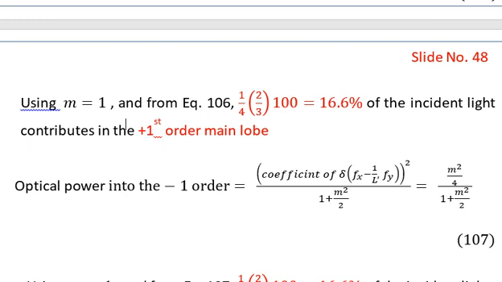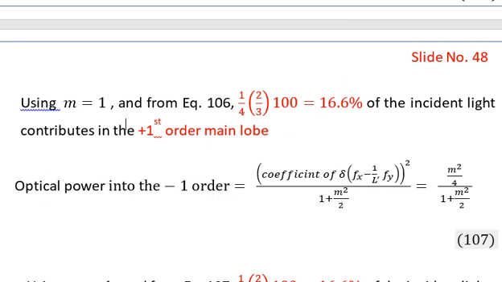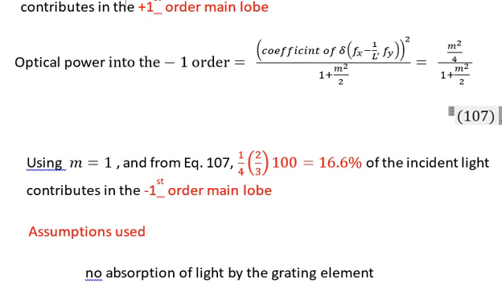It means that the same optical power is going in both. Using m equal to 1, 1 over 4 multiplied by 2 over 3 multiplied by 100 is equal to 16.6% of the incident light contributing to the minus 1st order in comparison with the main order of the light.